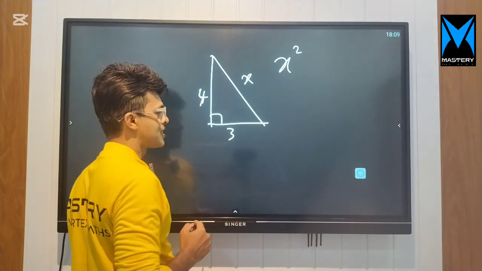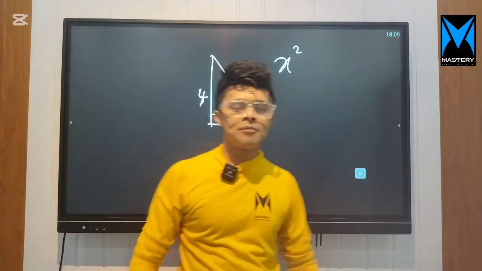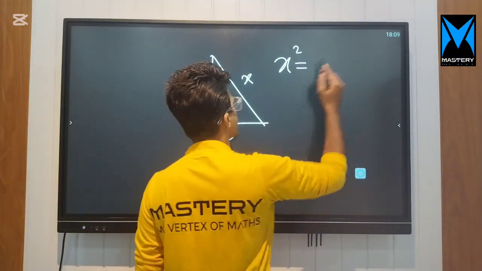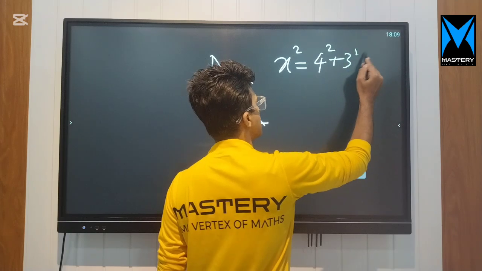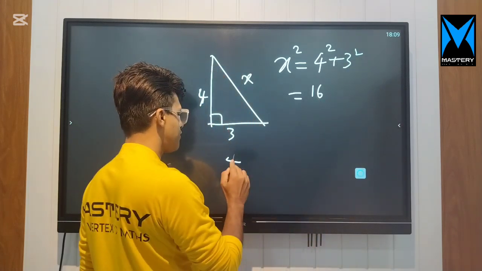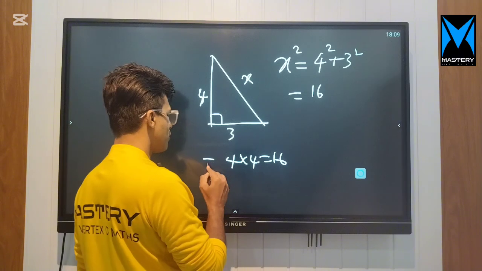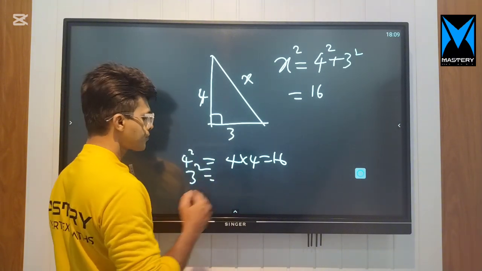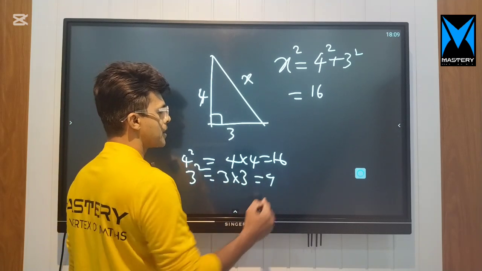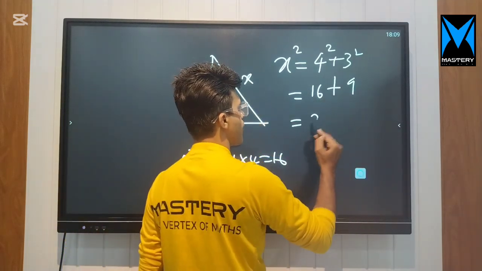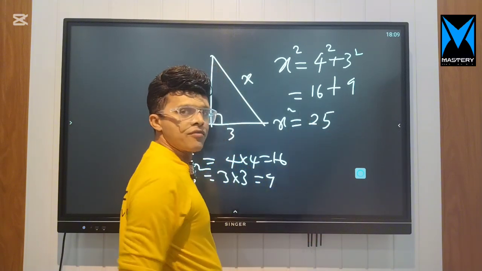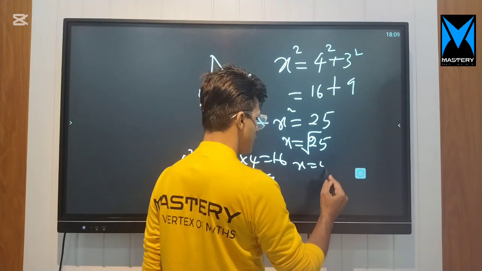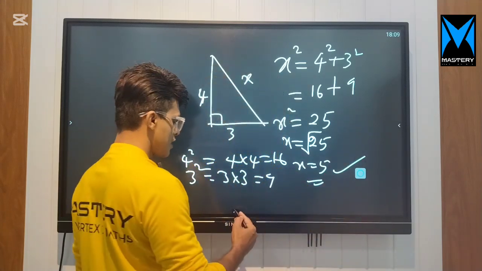Previously I taught you that the value of x we can take as 5. x square equals 4 square plus 3 square. 4 square is 16, 3 square is 9. 16 plus 9 is 25. So x square equals 25. Therefore, the square root of 25 gives x equals 5.